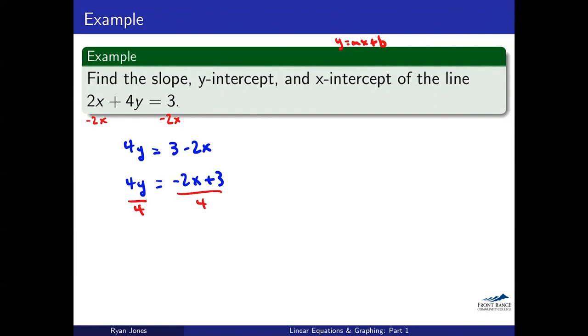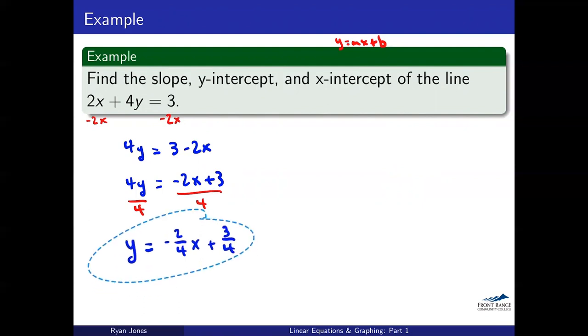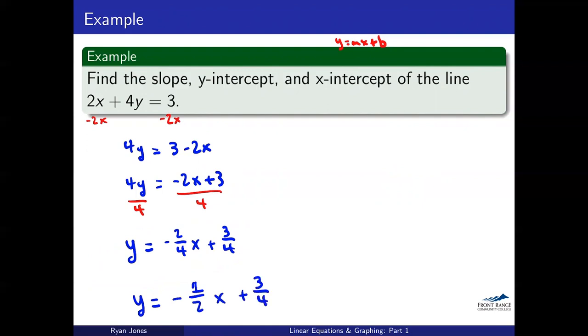And remember, when I do that, I can treat it as though I'm dividing each term on the right-hand side by 4. And we'll do one last step of simplification there. We've got that -2/4, which is the same as -1/2. And boom, we have got the equation of our line.